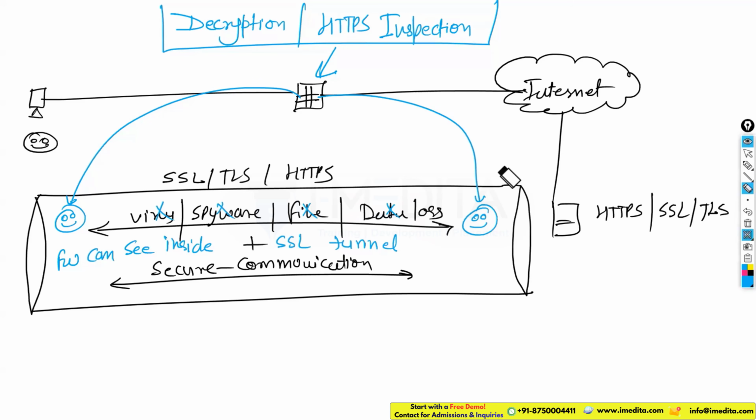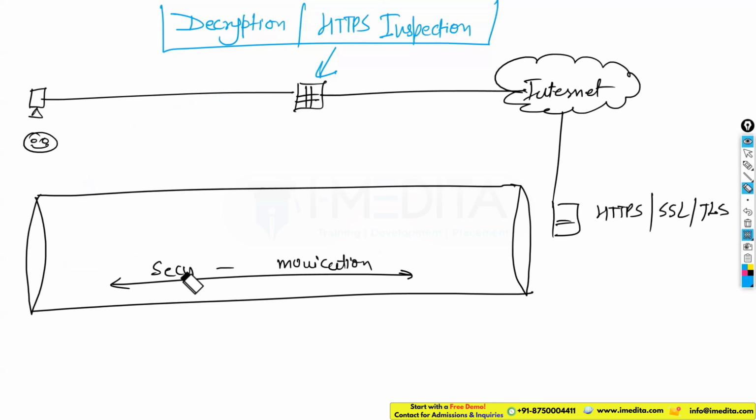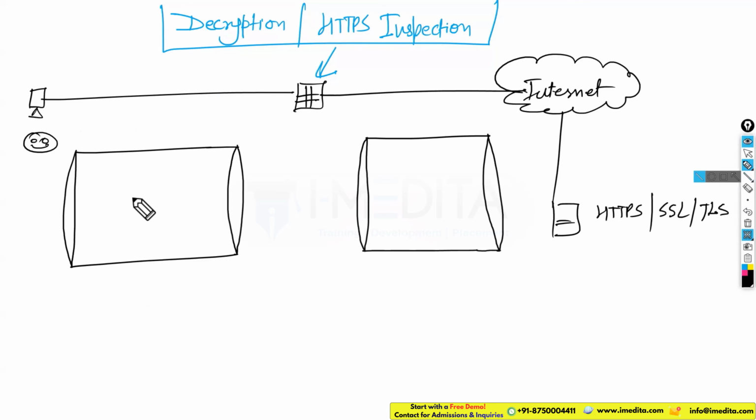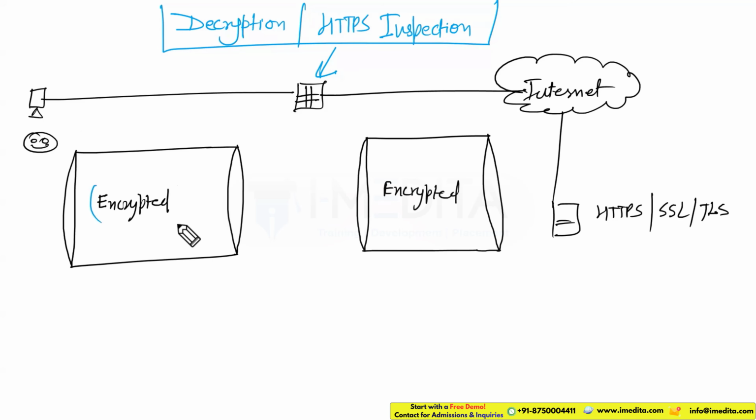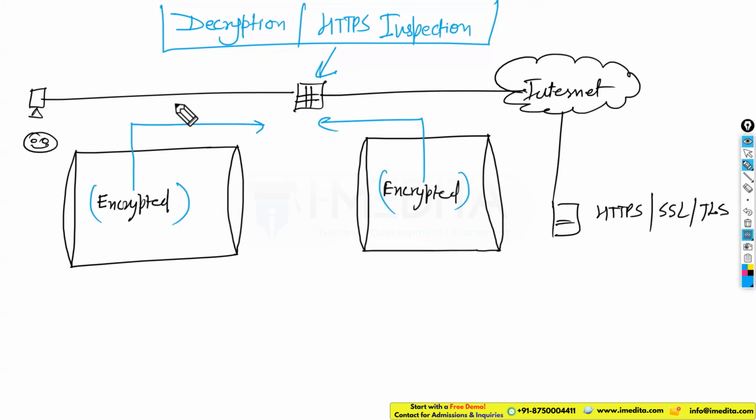This single tunnel will be divided into two parts after decryption. When data is in the tunnel, it will be decrypted with the help of decryption. This encrypted data will be converted to plain text data.